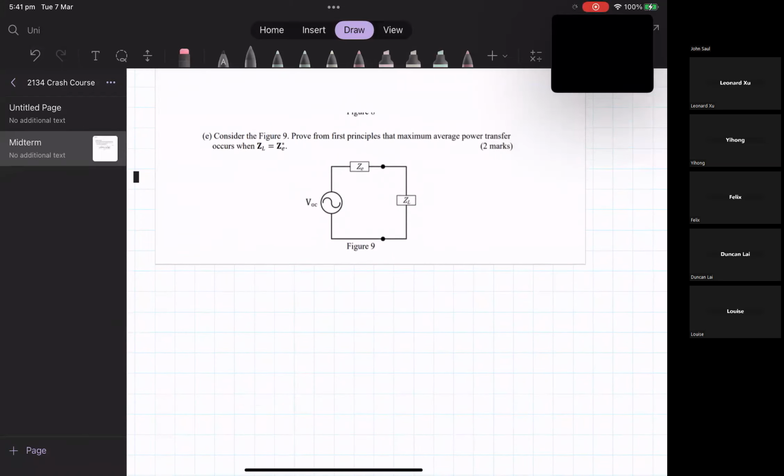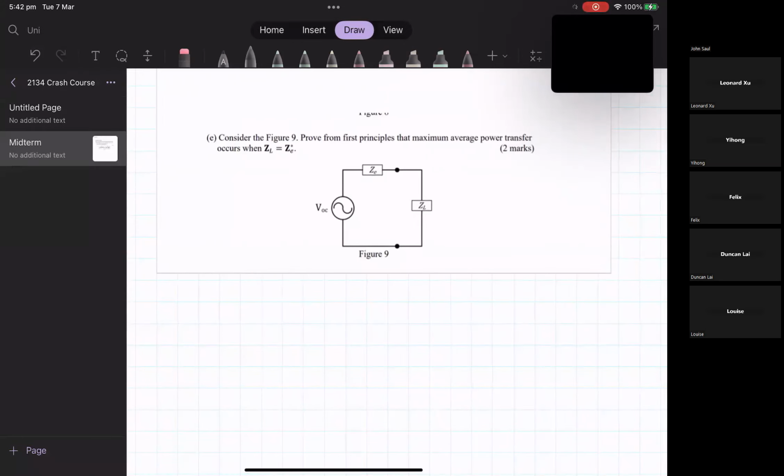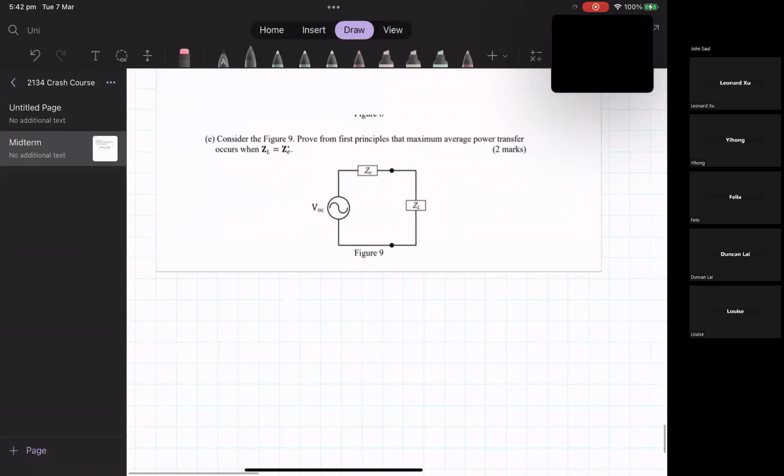We're going to use the fact that I squared times the impedance will equal the power through the load. And obviously, when I say I squared, I mean the RMS value that needs to be taken into account in an AC signal.